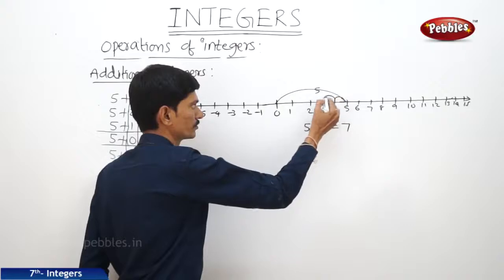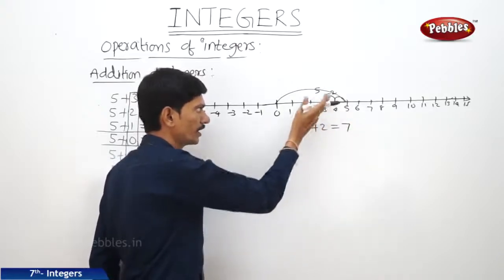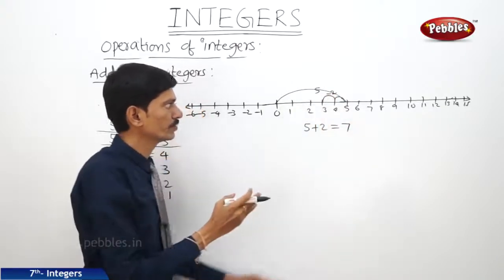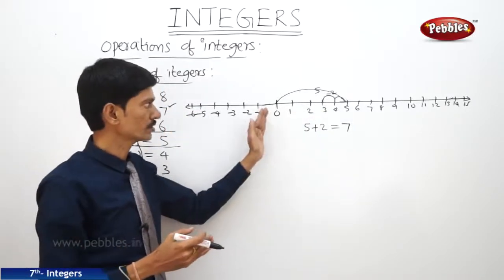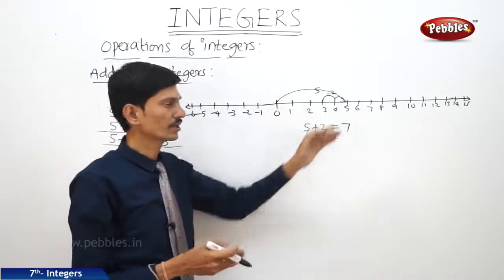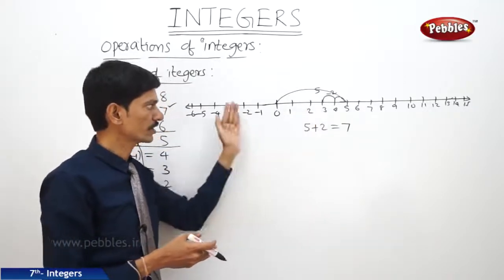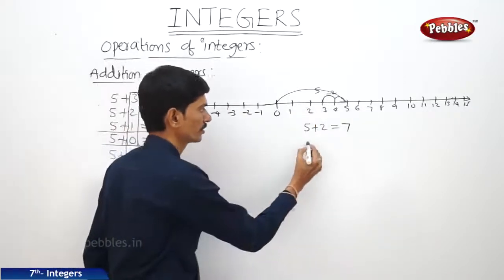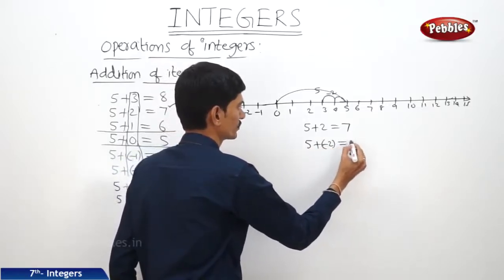So 1, 2, this is minus 2. So when you add a negative integer, we move left on the number line. When you add a positive integer, we move right, and when you add a negative integer, we move left. So we get 5 plus minus 2 equals 3.